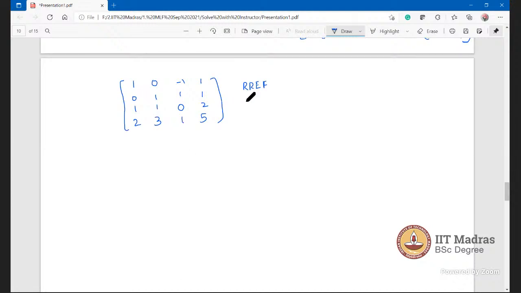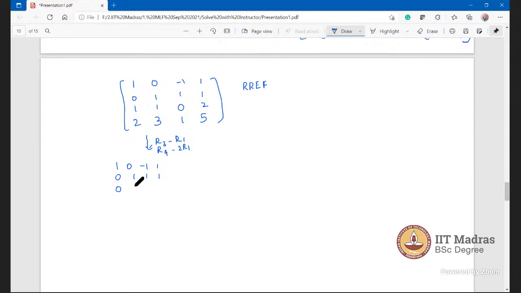How we have to reduce this, I hope you all knew because you all gave correct answers. The pivot entries should be 1, and below and above it should be 0. Already in the second row there is a 0 here. So simply we have to do R3 minus R1, and R4 minus 2 R1, which will give you 1, 0, minus 1, 1, 0, 1, 1, 1 here.